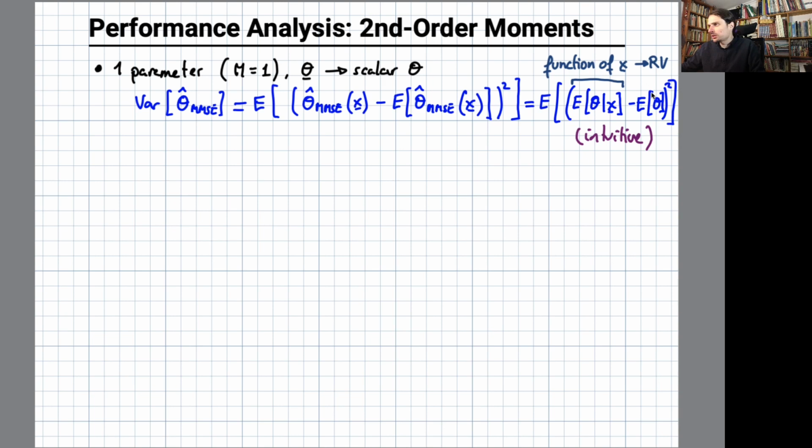So this is very intuitive, right? If this deviation is small, we expect low variability in our estimate.